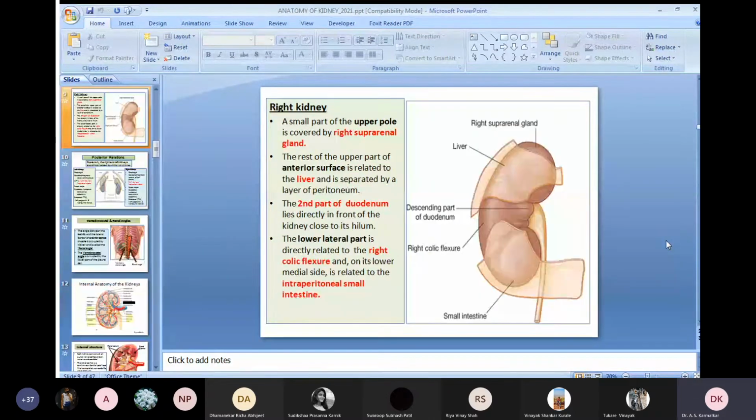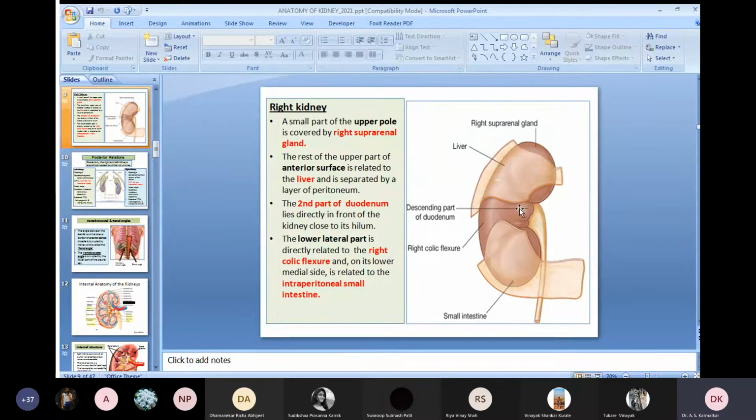Now, if you come to the right side of the kidney, mainly there is the right suprarenal gland on the upper pole. Then there is the right lobe of the liver, so it is related to the liver. Then there is the ascending colon, and it will form an angle and continue as the transverse colon. So it is related to the right colic flexure. In the middle of that, there is the beginning of the small intestine, which is a part of the duodenum.